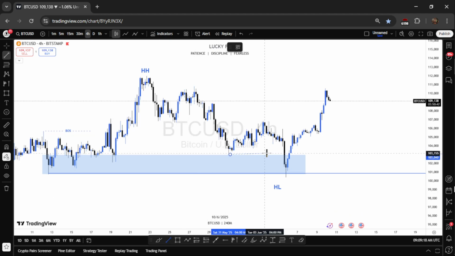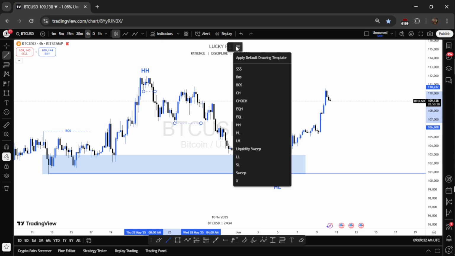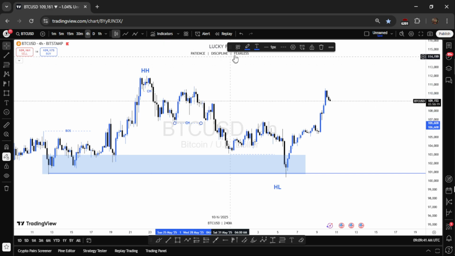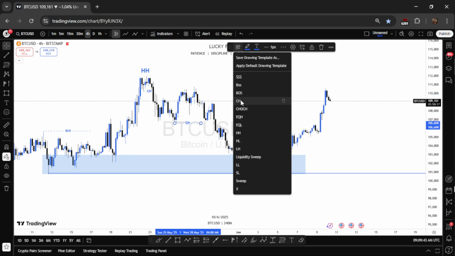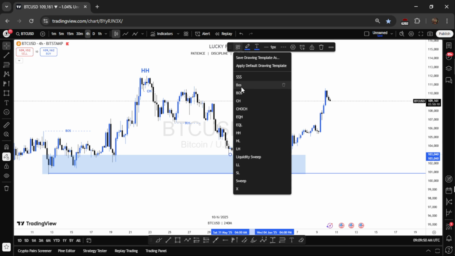Over here, the bearish move that price created, this was it. So this was a change of character. Price came back, respected it, giving us a continued trend break of structure, another continued trend break of structure, right?